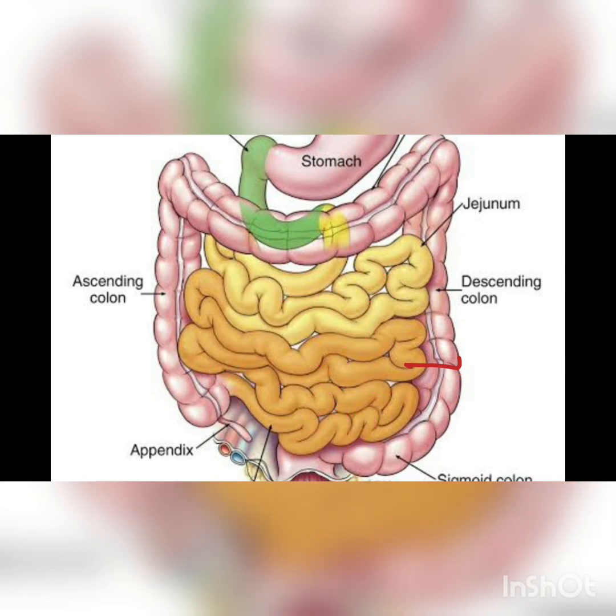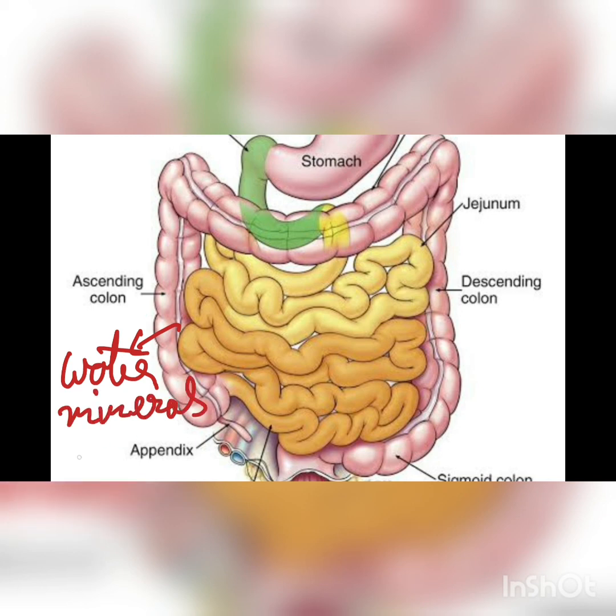Now let's move to our last organ where some sort of absorption takes place, that is the large intestine. In the large intestine, absorption of water, some minerals, and drugs takes place as it was in the stomach, but alcohol is not absorbed here.